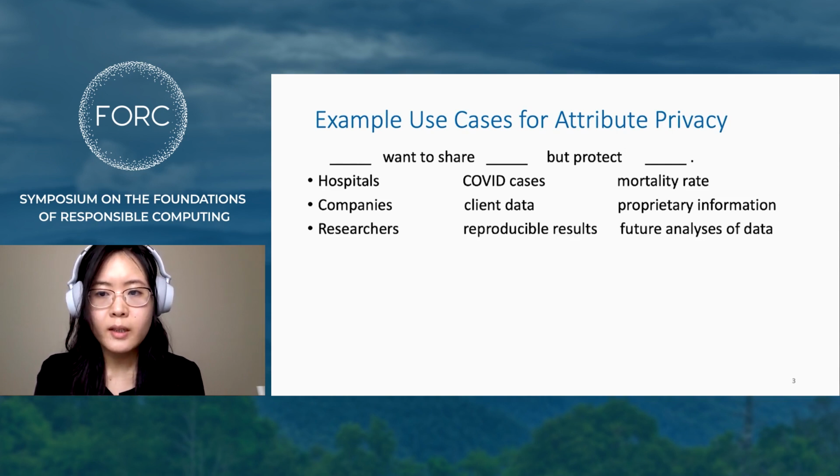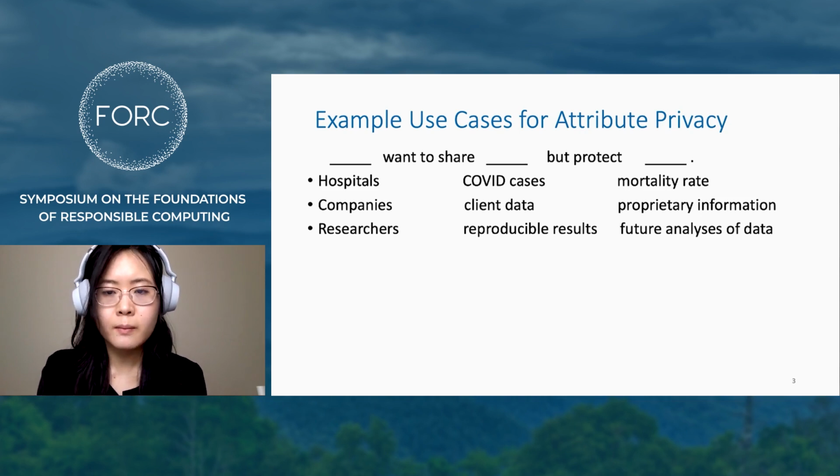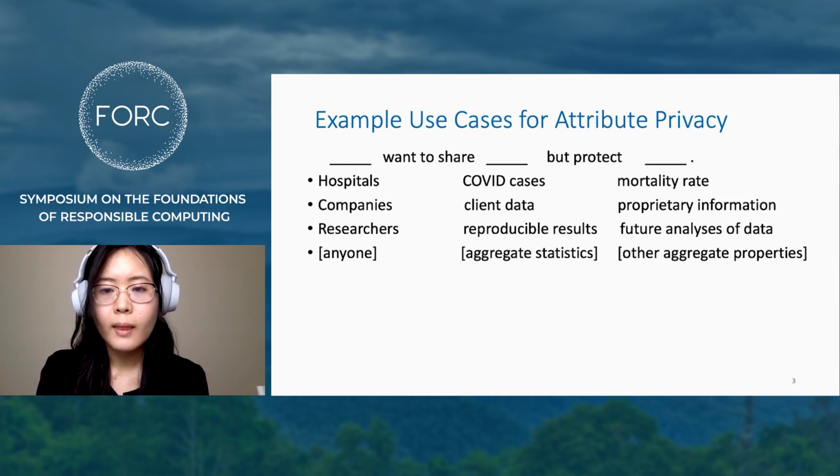And researchers provide data for reproducibility in the peer review process, but don't want other researchers to perform new analysis on the data. In general, attribute privacy is concerned with sharing aggregate statistics of a dataset, but wanting to protect other aggregate properties which may be correlated with the shared information.